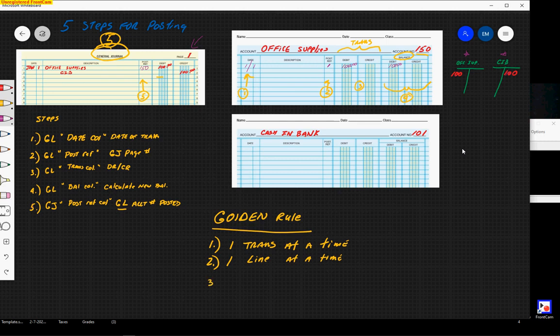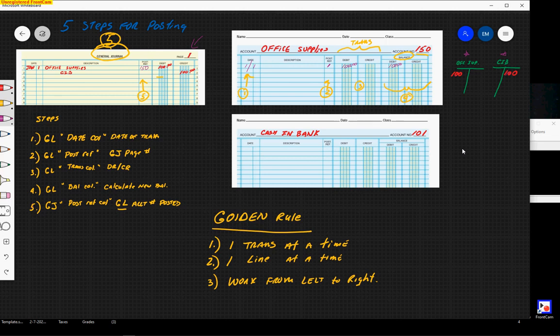And number 3, work from left to right. So you can see we went January 1st, office supplies, debit. Then when we post it, we work from left to right. We don't just fill in all the post references or all the dates, and it makes for a real mess.